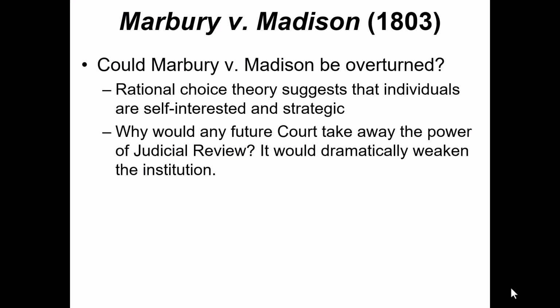Marshall was a Federalist and wanted to rule against Madison and Jefferson, but also knew that the court might look foolish by picking a fight with the president and losing. So in a self-interested and strategic manner, Marshall creates this precedent of judicial review. He rules sort of in favor of Jefferson and Madison. And that was actually surprising.